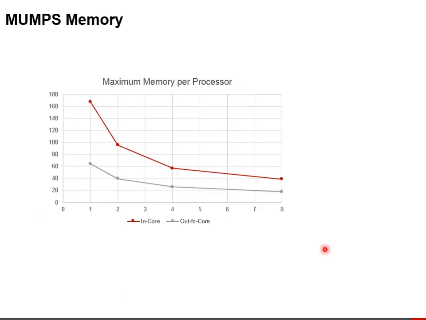Okay, but this is what we were really trying to address. So this 10 million degree of freedom job used to need over 160 gigabytes if you wanted to run it in core in a serial process. Out of core in a serial process, we can now go down to as low as 60 gigabytes.